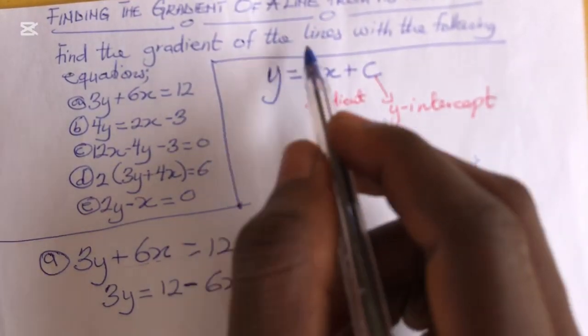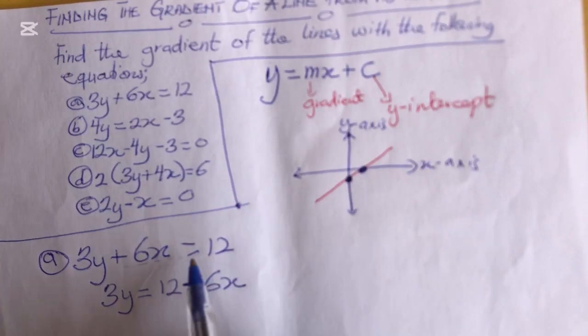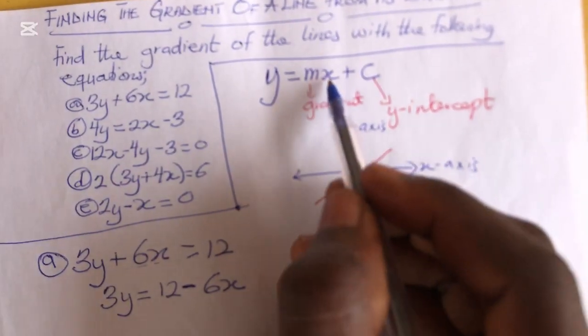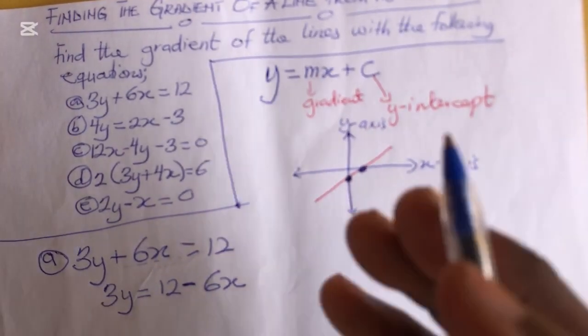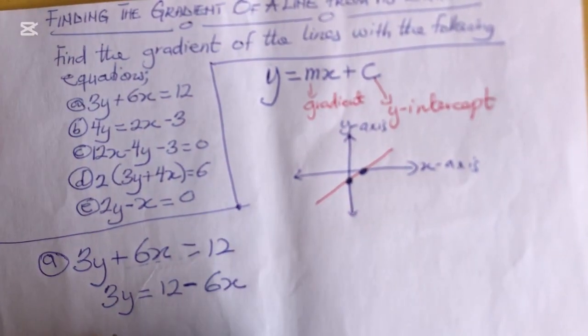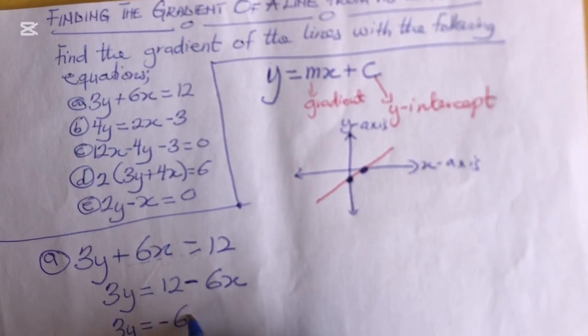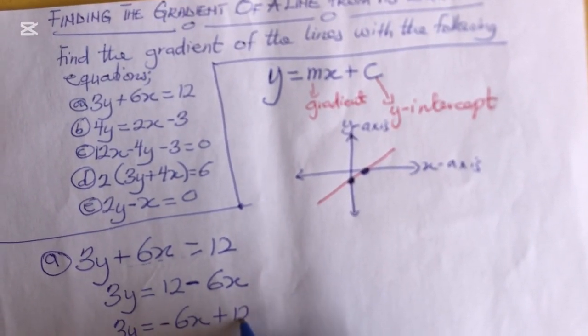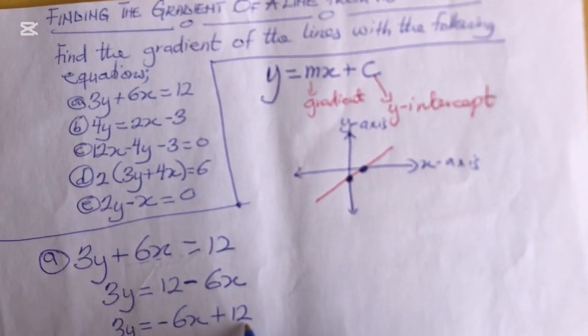But let us look at it carefully. Look at how the thing was written. I want to rearrange this part properly so that the first term has the 6 attached. Are you getting it? So I'll rewrite it as 3y is equal to minus 6x plus 12. There is no sign in front of this 12, so it means that it is positive.